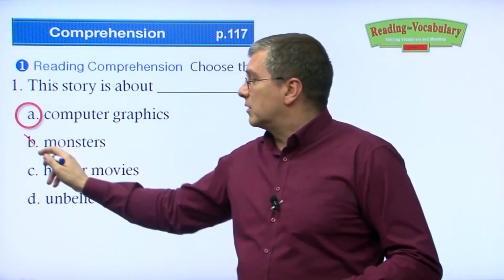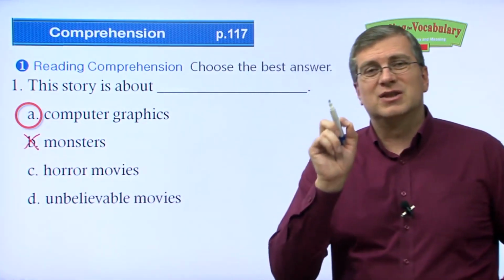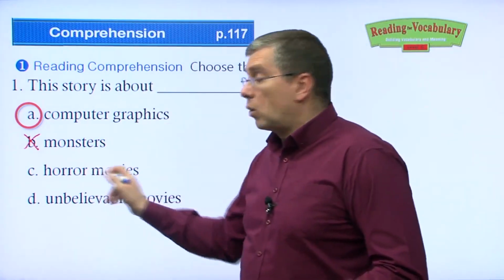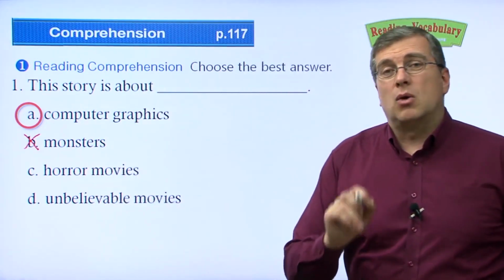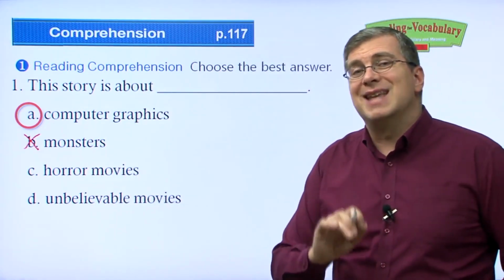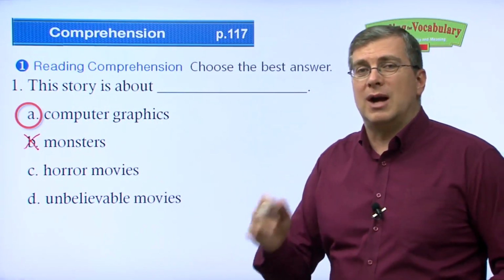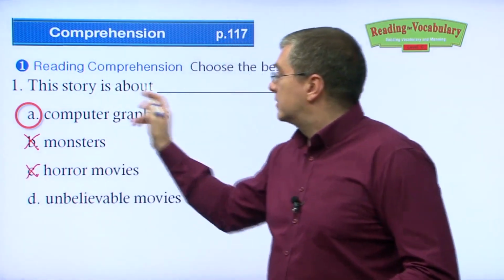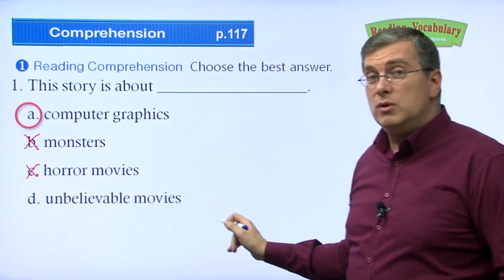It's not about monsters. They only mention monsters. That's just a small detail of the reading passage. This story is about horror movies? Well, they talked about horror movies at the beginning, but that was just an example of showing how computer graphics have improved horror movies. So that's not the answer. This story is about unbelievable movies?